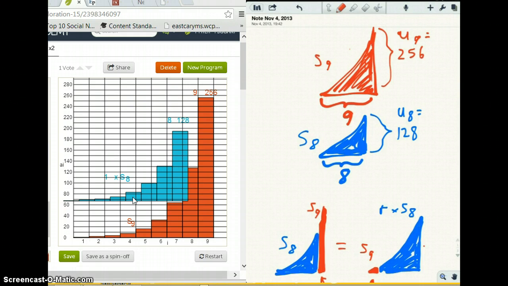So you can see that the last term for the red one is twice as high as the last term for the blue one. Okay, and so we are going to use these two images to show graphically how the derivation of the geometric sum formula works.